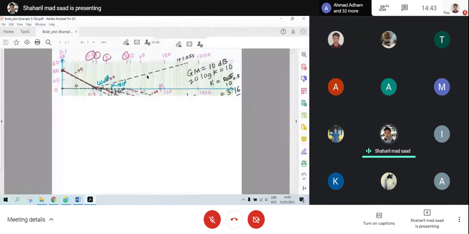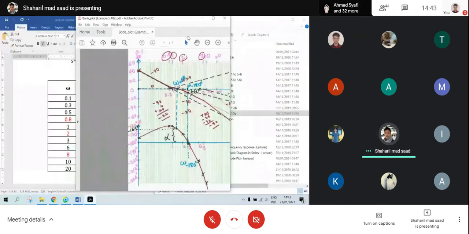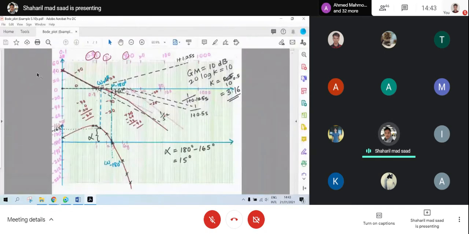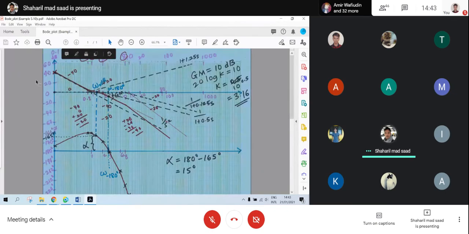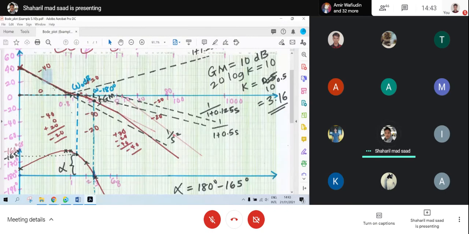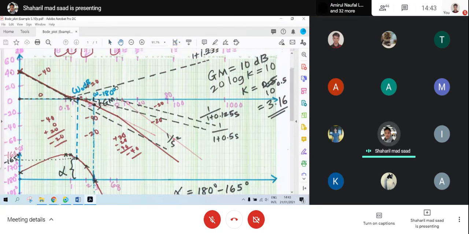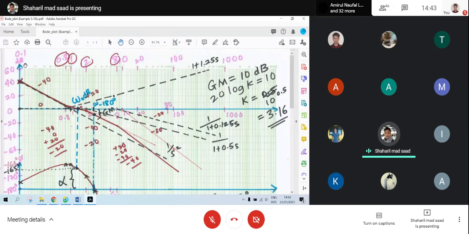So the first point is at omega equal to 0.1. At 0.1, the value is like 40.